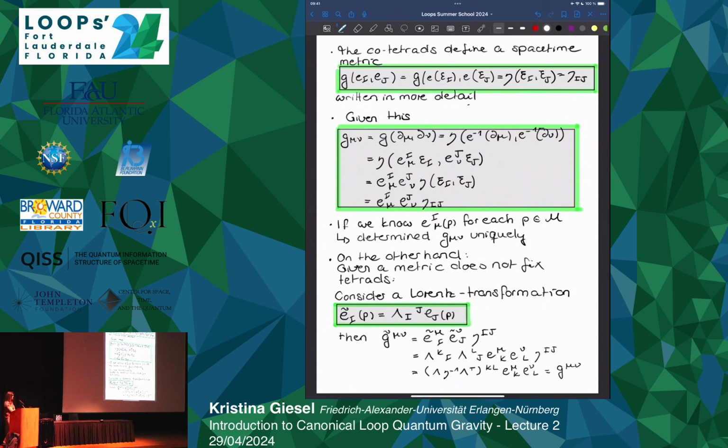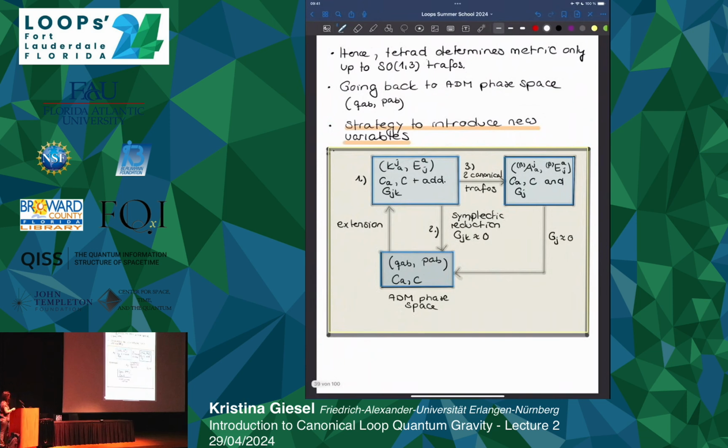And we see if we do this, the Lorentz transformations enter exactly in a way that they cancel out, and the inverse metric expressed in terms of the transformed tetrad is the same as the inverse metric expressed in terms of the original E I's, which means that a set of tetrads determines a metric only up to Lorentz transformations, which means only up to SO(1,3) transformations.